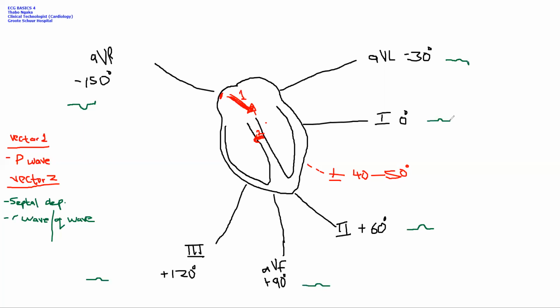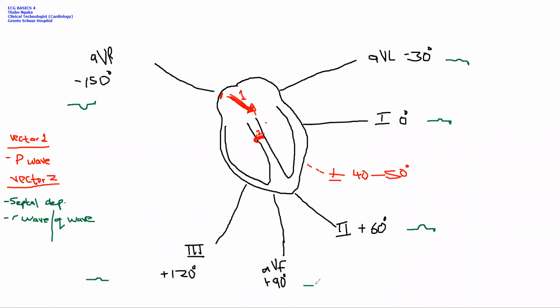Lead 1 is going to give you a Q wave. And lead 2 also looks like it's going to give you a small Q wave. Then AVF, probably a small deflection. Don't think it's going to be that big. And then let's just do that again.